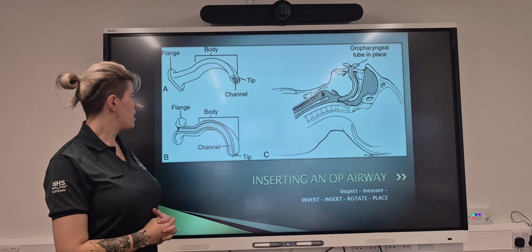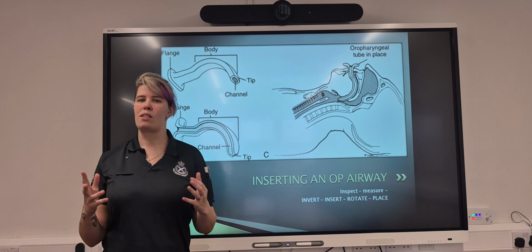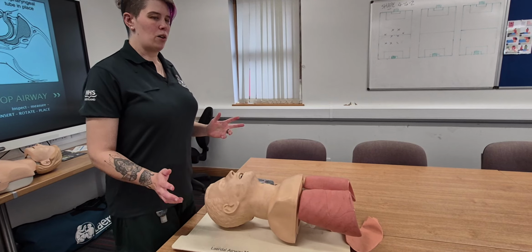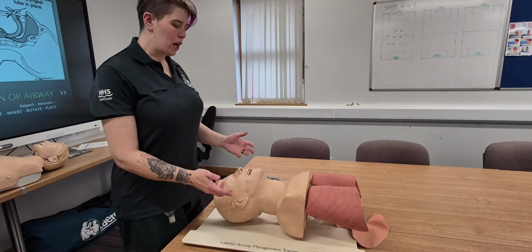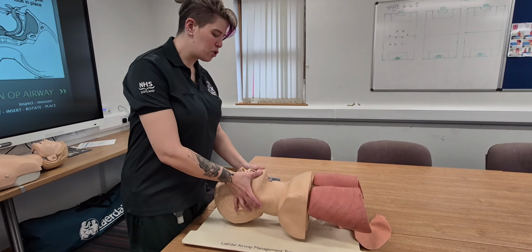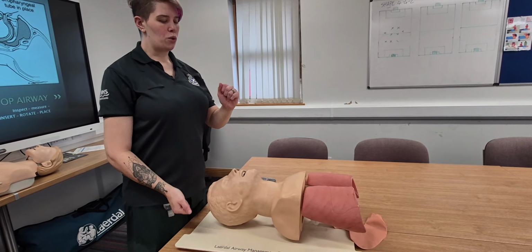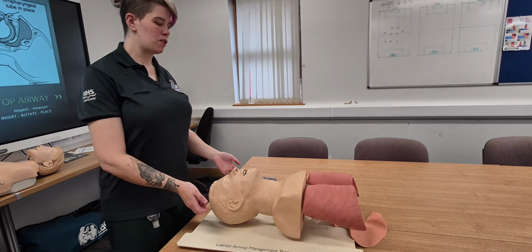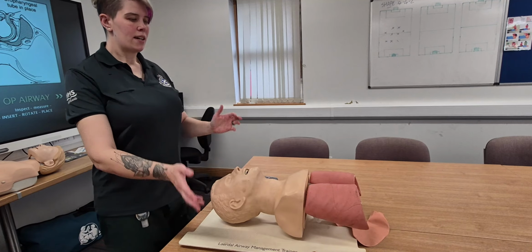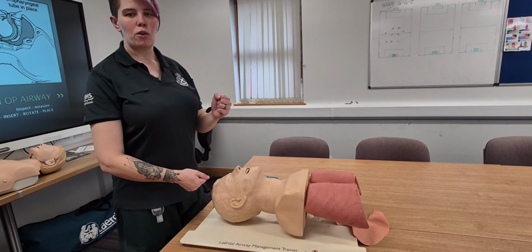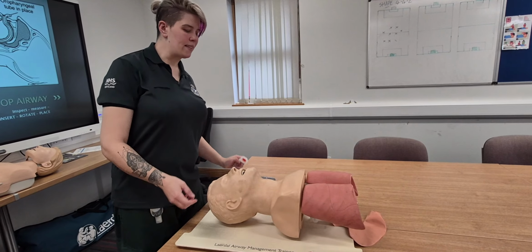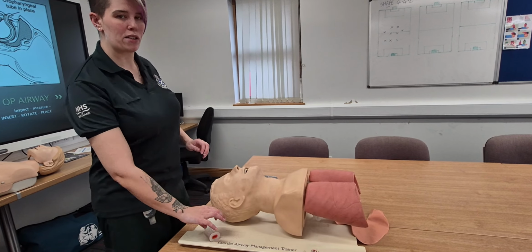So let's have a quick look at how you insert an OP airway. Again, following my stepwise approach to airway management, I'm checking the airway first. We could use head tilt chin lift or a jaw thrust on this individual. However, because this is something that we need to maintain at all times, it is not going to be my best option.